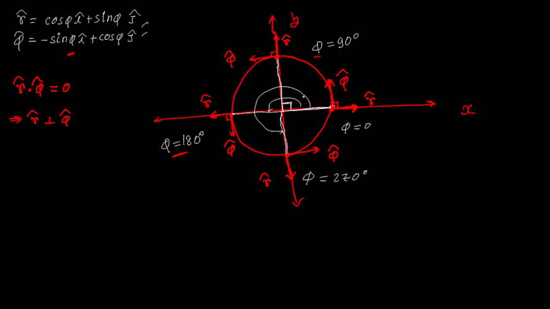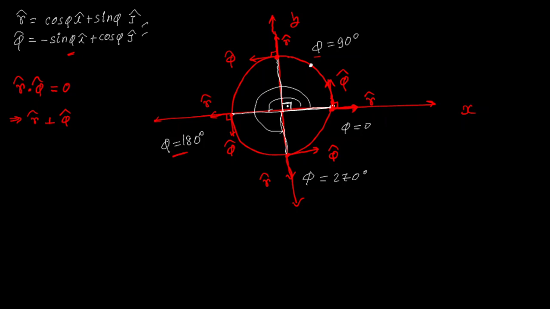Okay. So now if I want to ask you, what will be the directions of r cap and phi cap at this position? Just think about it. How can you represent the directions of r cap and phi cap at this position? We have noticed that r cap will always be radially outward, and phi cap will always be perpendicular to r cap, tangent to the surface, in the anti-clockwise direction.